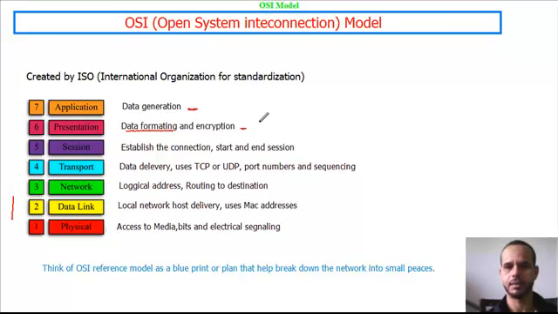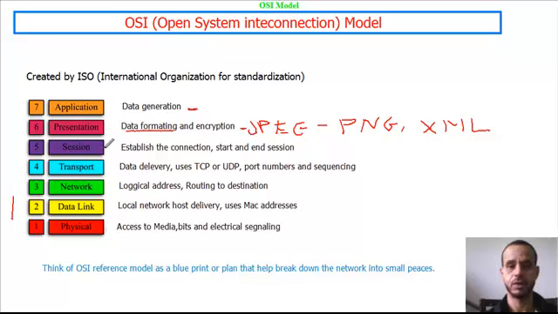For example, is it JPEG, or PNG if it's pictures, or it could be XML data formatting, or HTTP formatting. And also the presentation defines the encryption. The encryption is the process of rendering data unreadable to secure the data. We'll talk about the encryption later in the series.